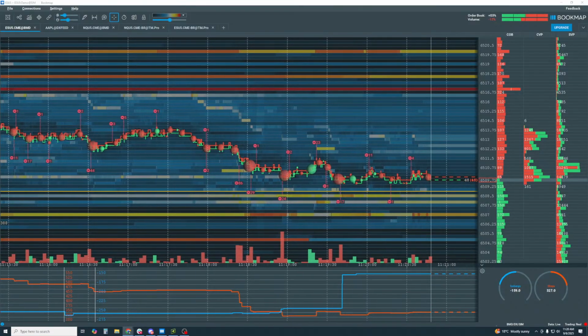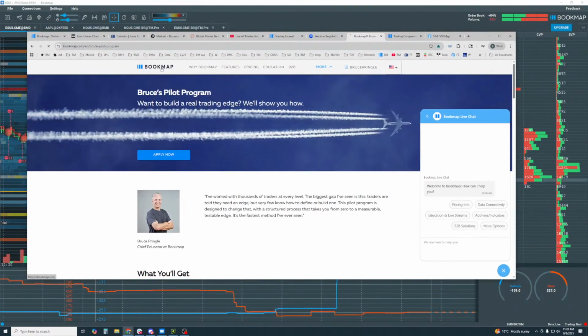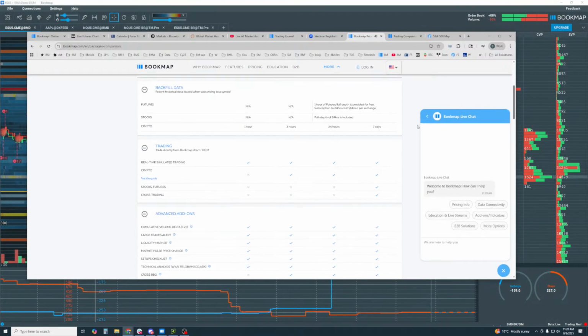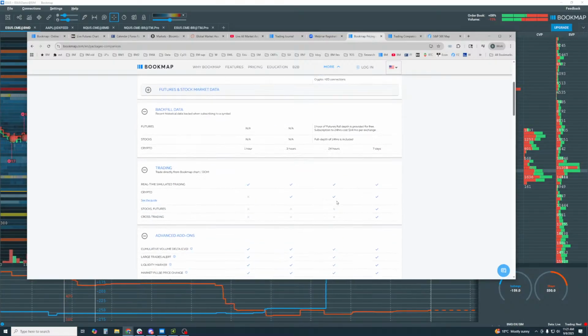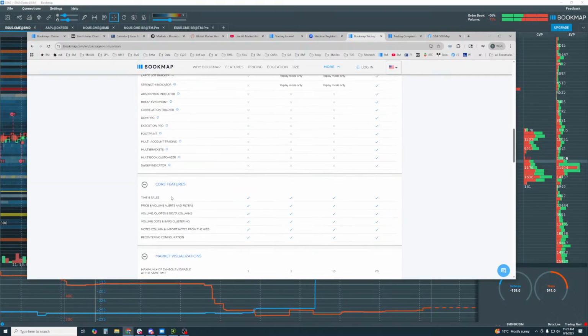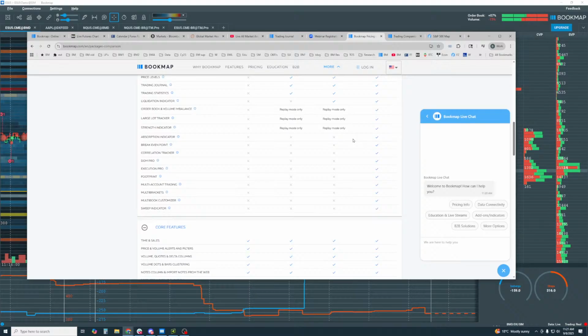Let me show you here. If you go to bookmap.com, go to pricing, and scroll down here. Okay, so here's Global Plus, right? You'll note that Global Plus offers all these add-ons, but there's more. Heck, where is it?